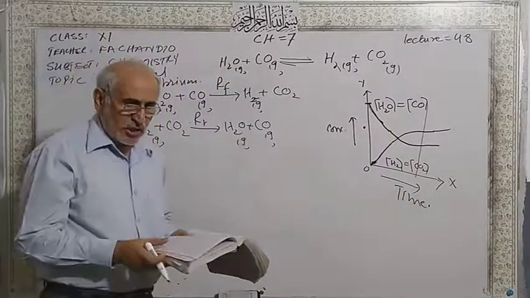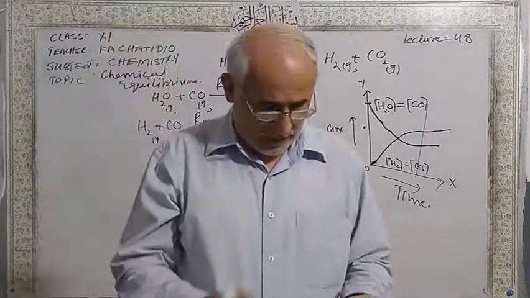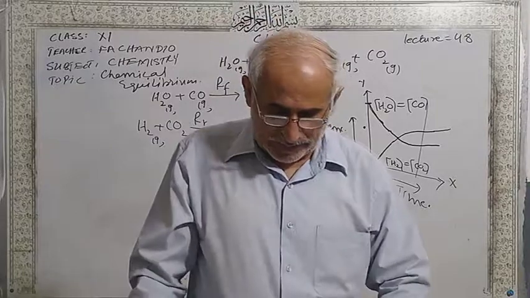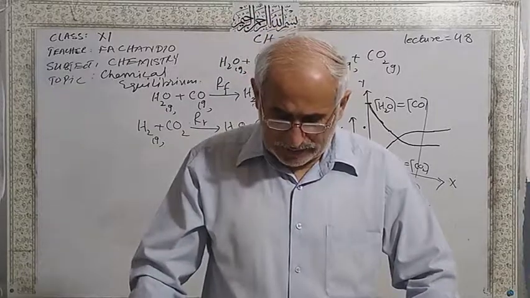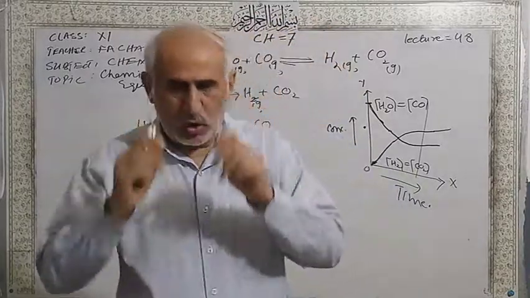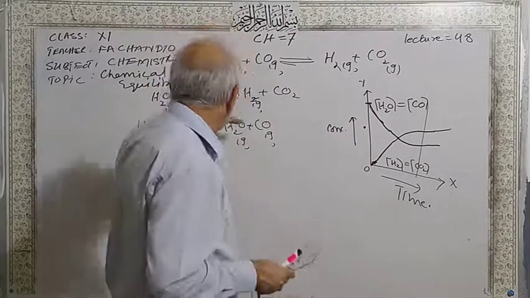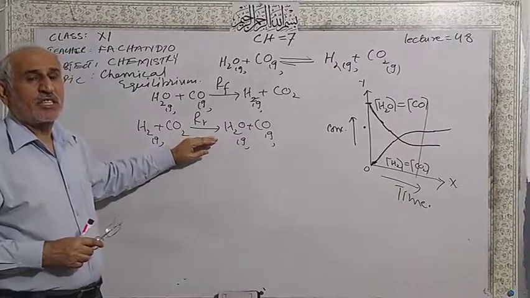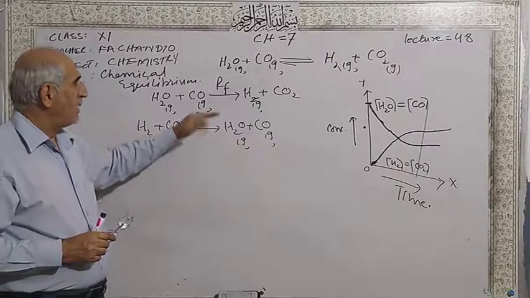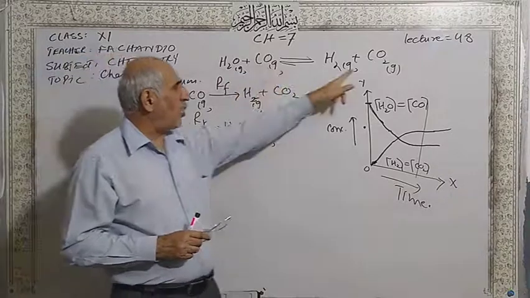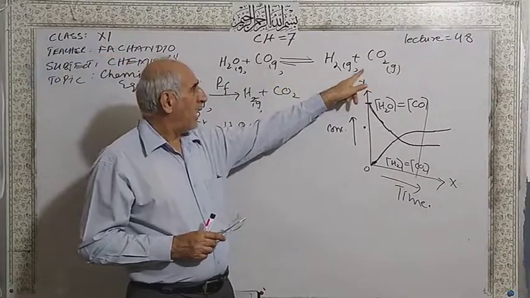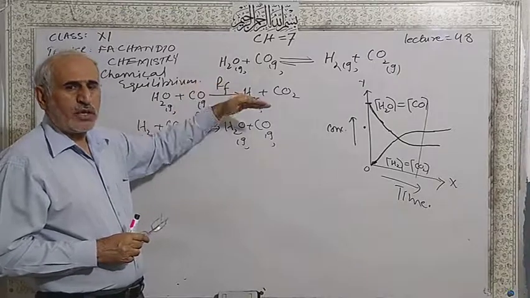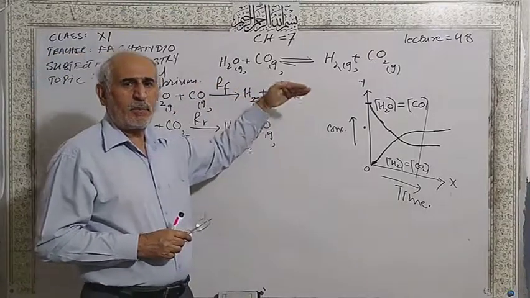It means that slowly and gradually the rates of both become equal. Eventually the time will come when the rate of the forward step and the rate of the reverse step proceed at the same rate.